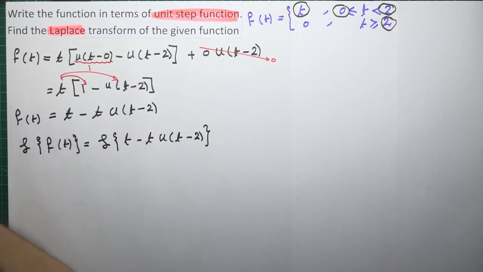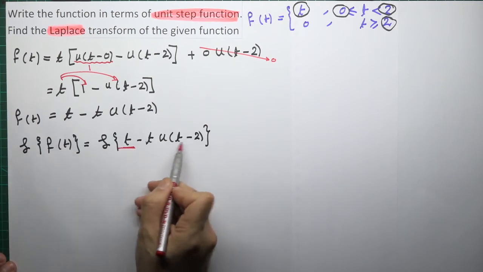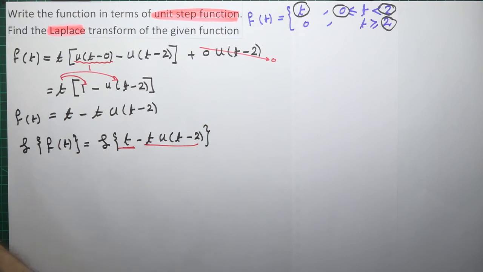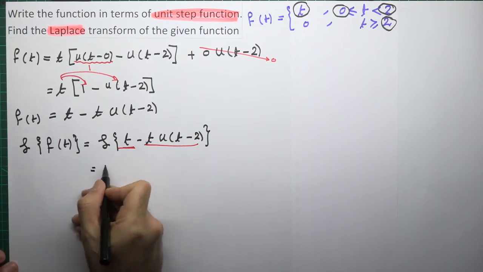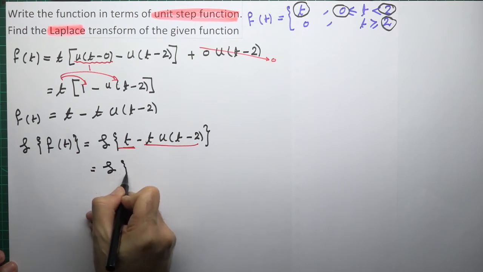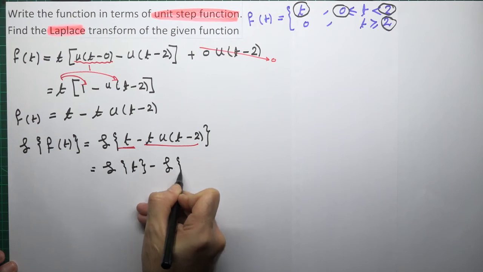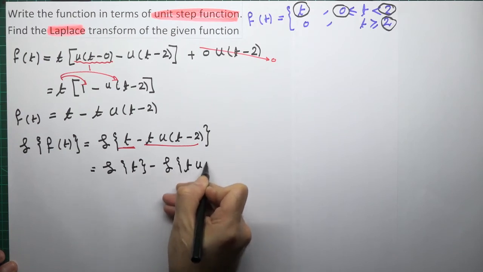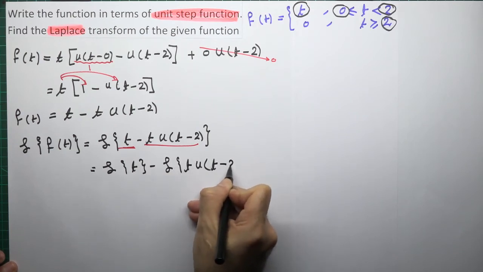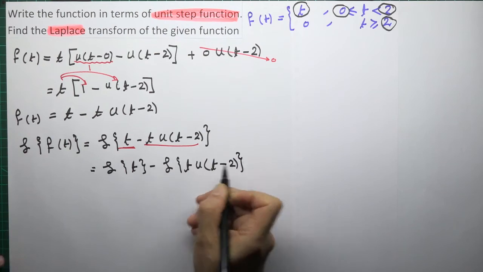Then I will distribute this here and here. I mean we have here linear transform, so بنقدر نعمل ما يلي Laplace transform of t minus Laplace transform of t u t minus 2.